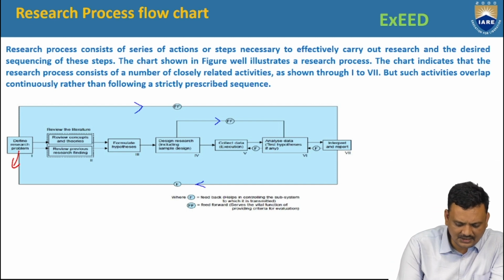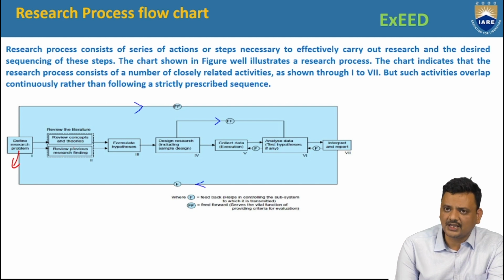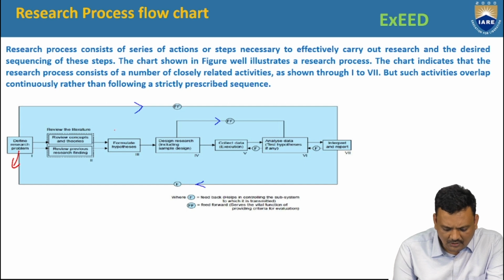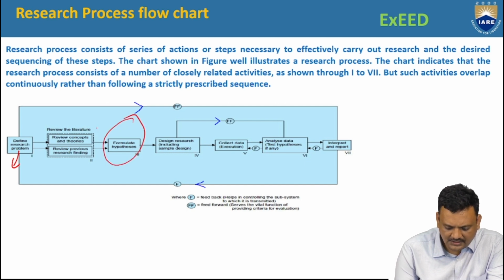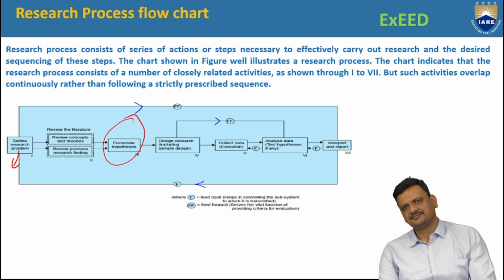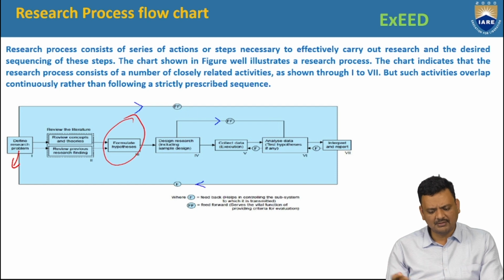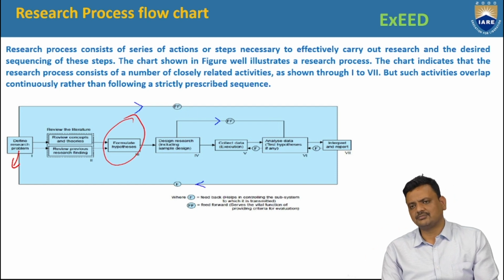So design a research problem, review the literature, review concepts and theory, review previous research findings in that field. Now formulate the hypothesis. This hypothesis may already exist, or you may implement it on an existing hypothesis.